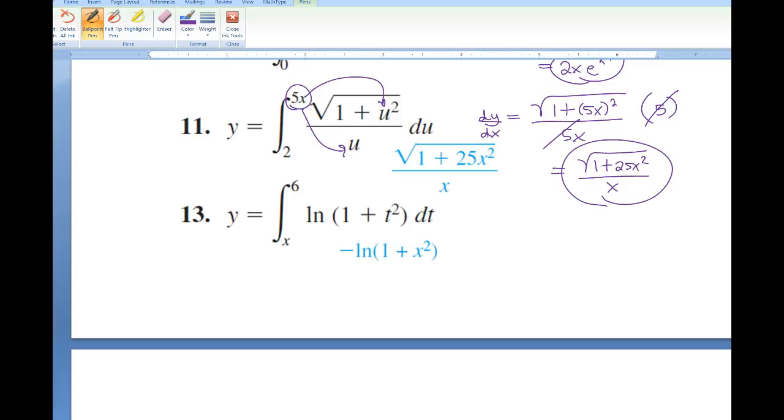So basically, before we do anything, we have to switch this to a negative, move the 6 here, x here. I haven't done the derivative yet, so now when I do dy dx, I'm going to have ln, actually a negative ln because I have that negative in front, and then it's going to become 1 plus x squared, and do I have to apply the chain rule?